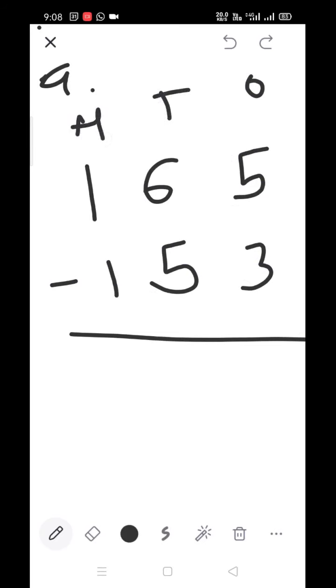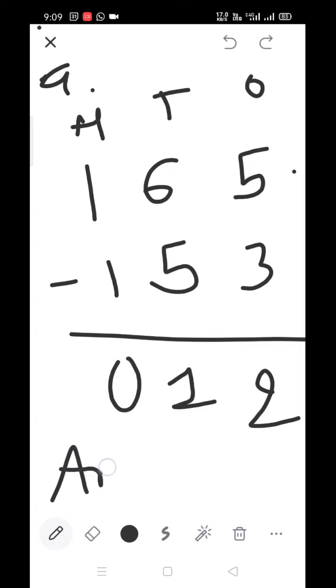Starting from the ones place, 5 minus 3, 2. Then tens place subtraction, 6 minus 5, 1. And hundred place subtraction, 1 minus 1, 0. So your answer is 12.